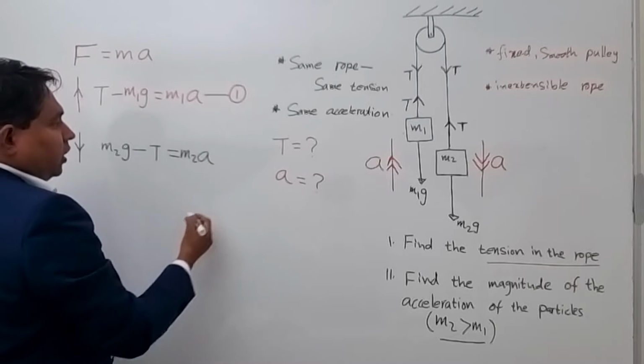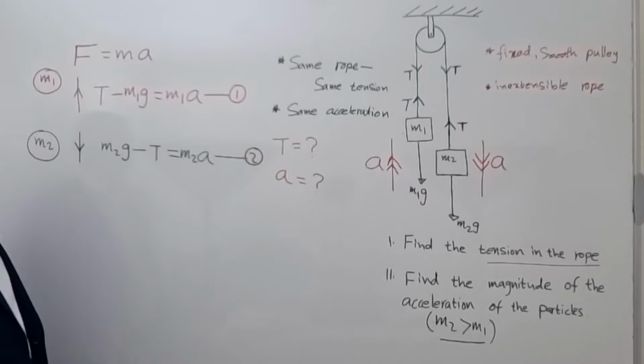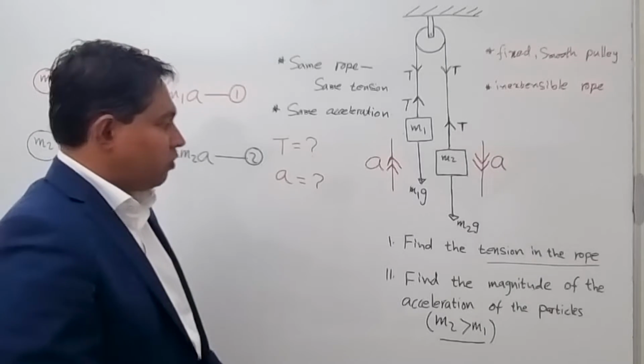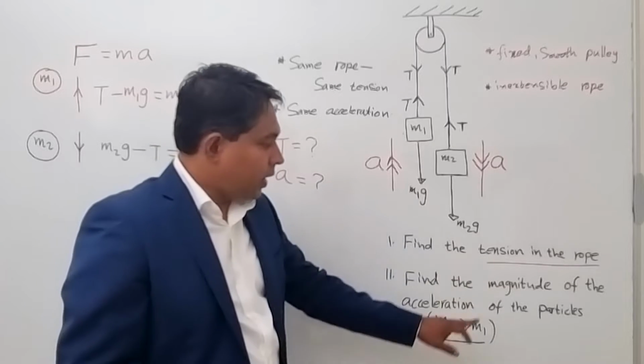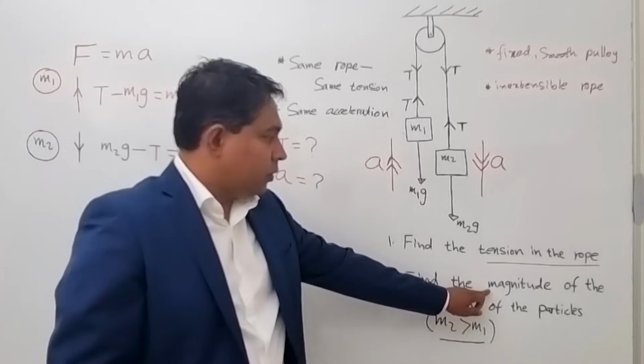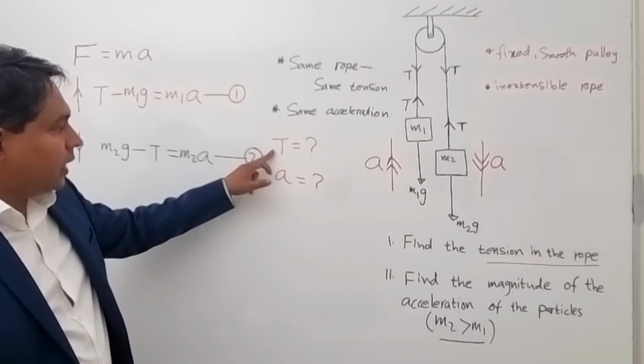So this equation I take as equation 2. Now our aim is to find the tension T and the magnitude of the acceleration, so basically we need to find T and A.